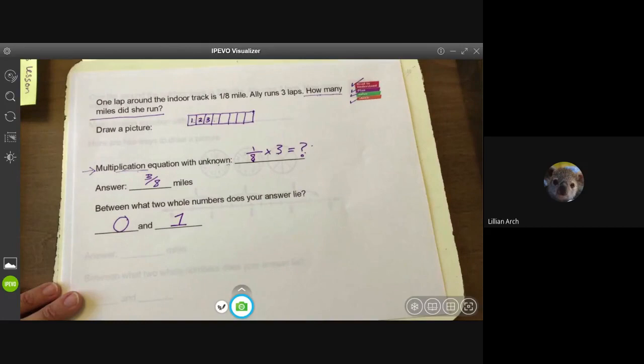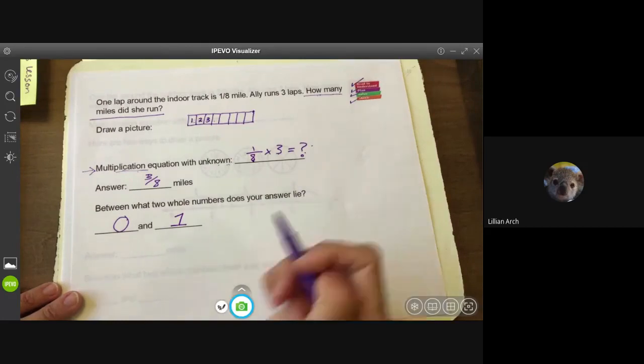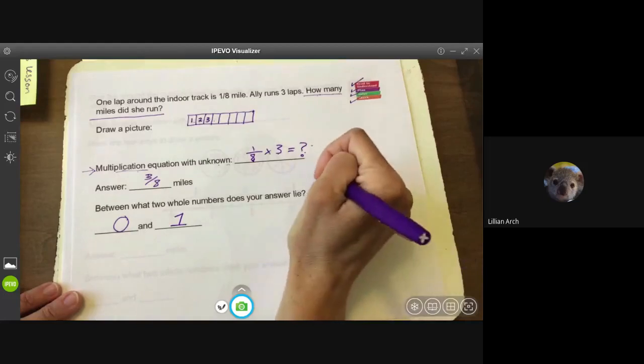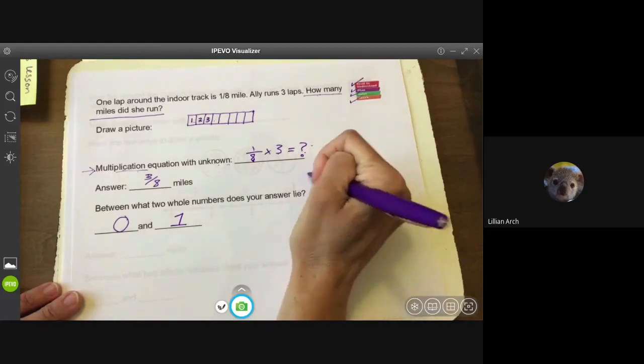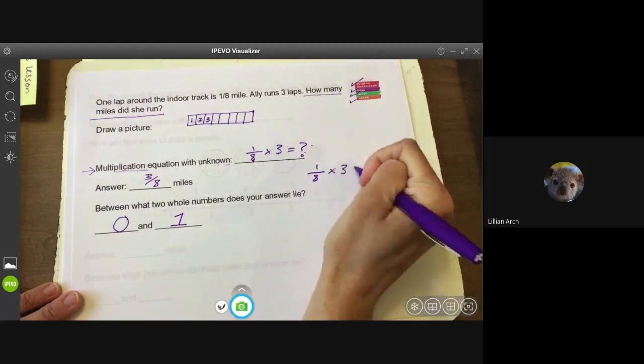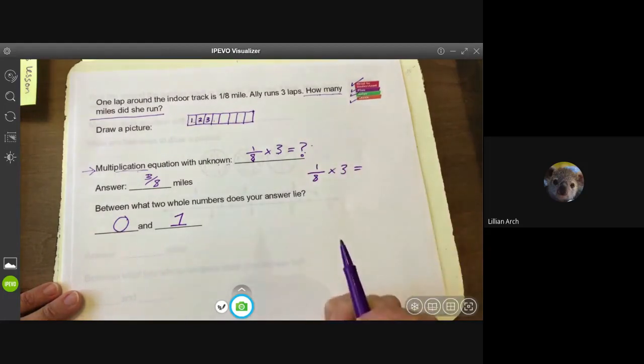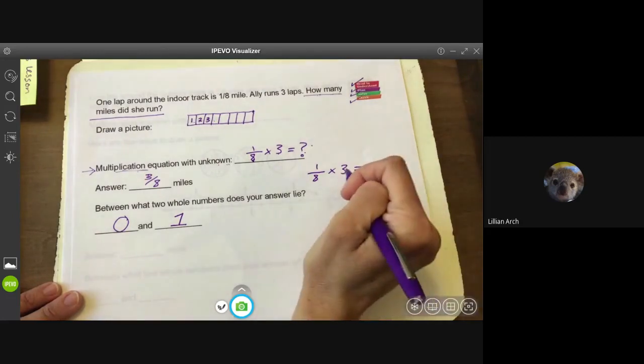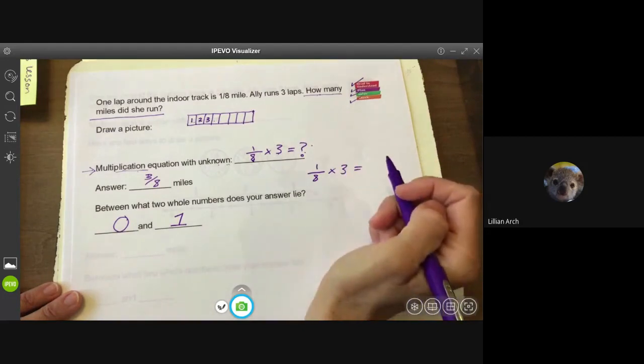So I could do 3 times 1 equals 3. So I'd put 3/8. And then I'd think of that as 3 divided by 8. But I know that I can't do that. So I would get 3/8, but it's just a different setup. So the answer would be 3/8 because I can't do 3 divided by 8.